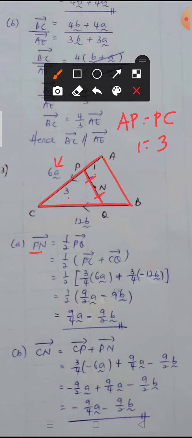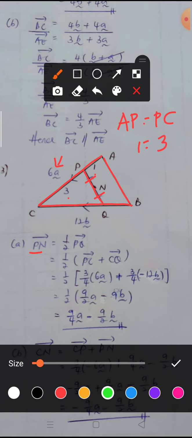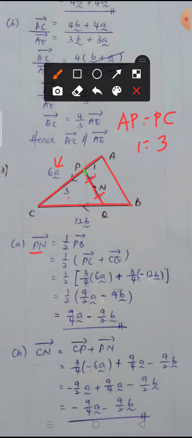PN, where is PN? PN is here. Based on the given info, PN is half of vector PQ. So firstly, we are going to have vector PQ. How to get PQ? We are going to have vector PC add with vector CQ.